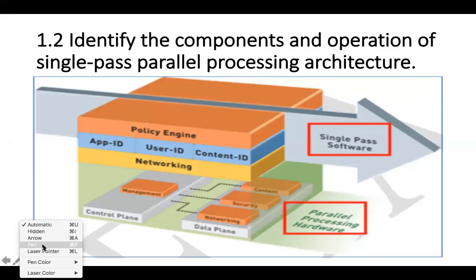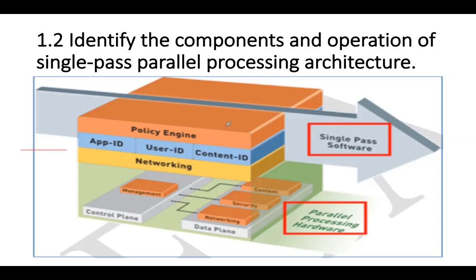Single pass means, if any traffic comes to the Palo Alto, since we have different engines in the Palo Alto, we have the policy engine, we have networking, and under that we have engines to analyze the application ID related to traffic, the user identity, or content ID. So Palo Alto is very vast in terms of processing, and it examines that traffic all the way.